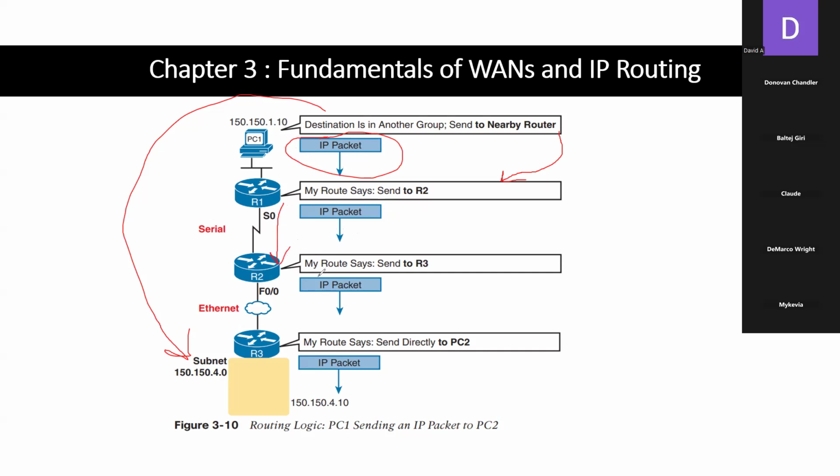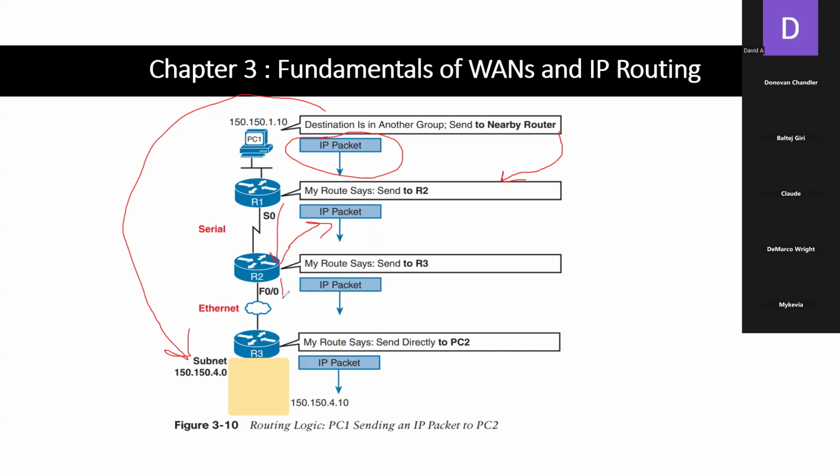R2 is going to say, hey, I still have forwarding logic to do. I'm looking at the IP packet that I was sent, and based on what I see in the IP packet, my route says to send this to R3.